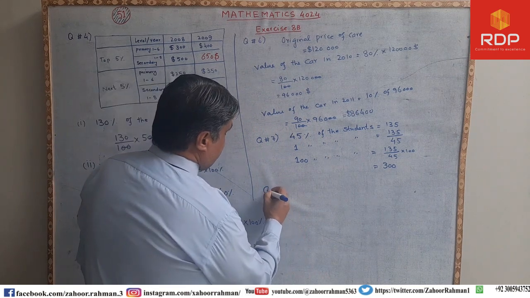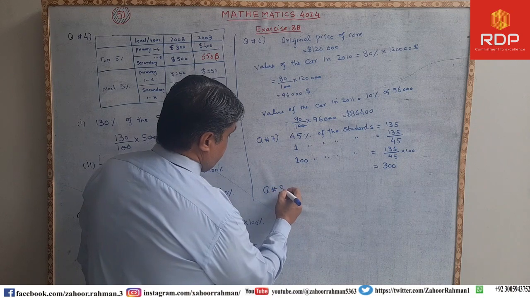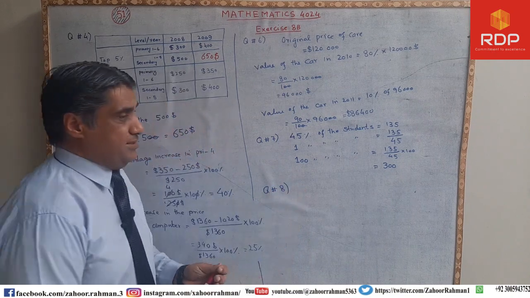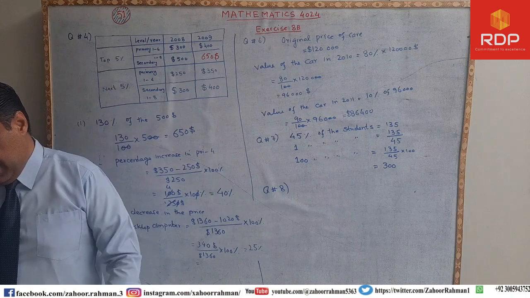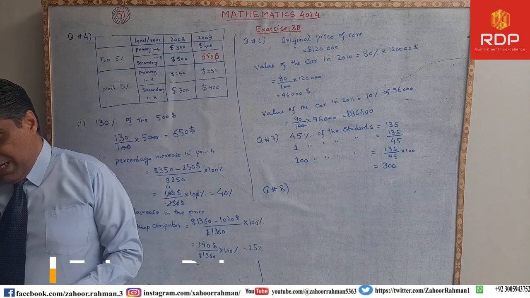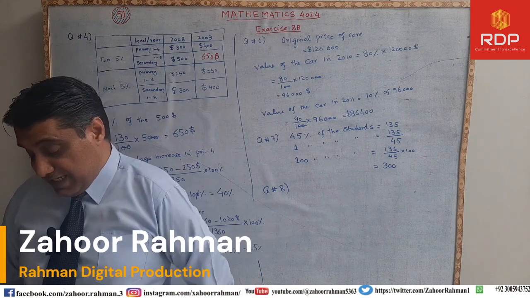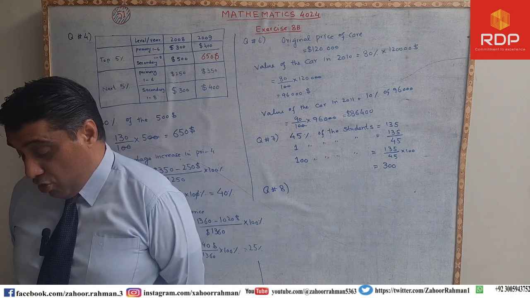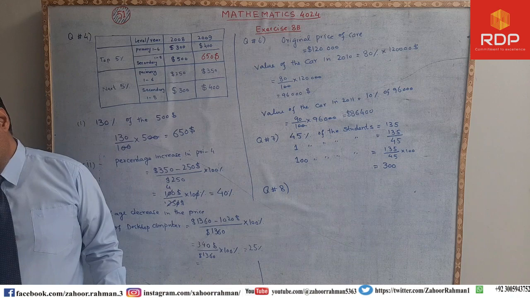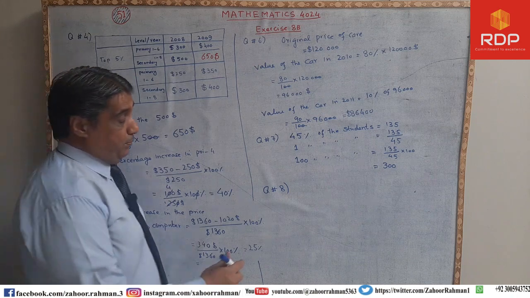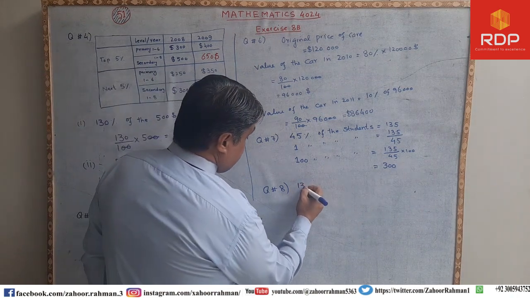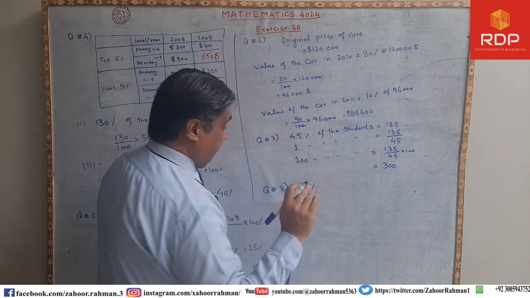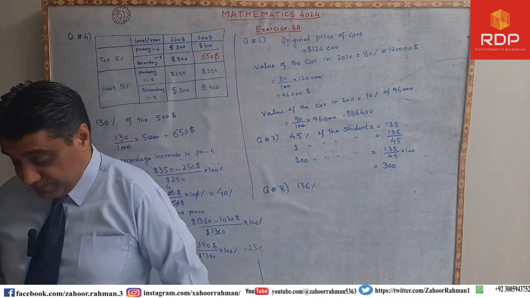Now we are coming to question number 8. Remember, ladies and gentlemen, that we are still in the basic level questions. Question number 8 is saying a house costs 36% more. More means increase, so we have to find 136%. I am writing only this figure.